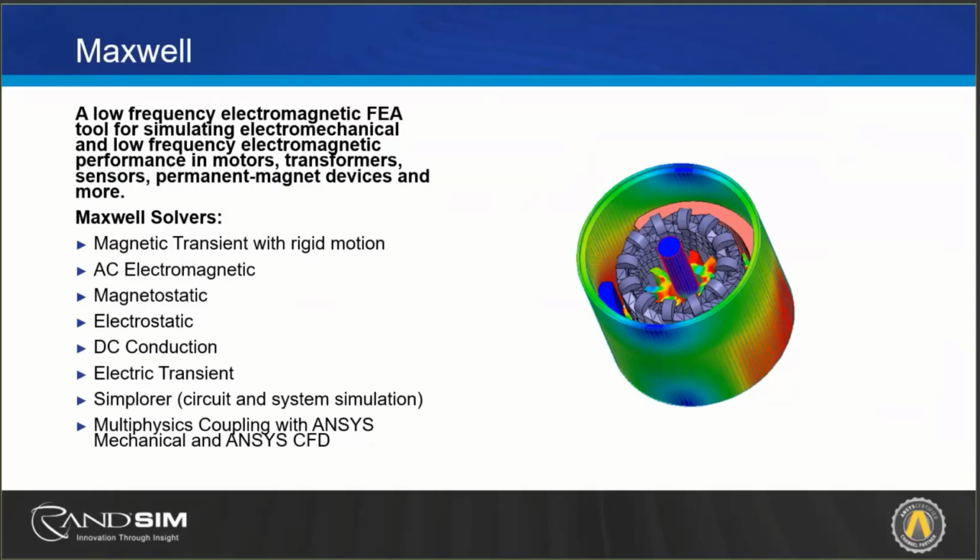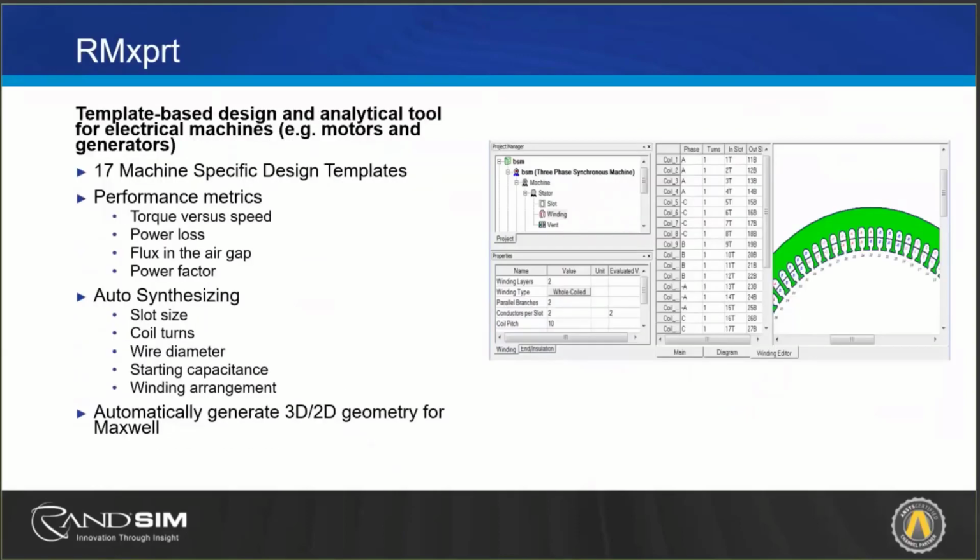And within Maxwell, you don't just have to bring CAD models or create geometry within the 2D or 3D solver. You can use tools such as PExprt, which is a template-based design tool.